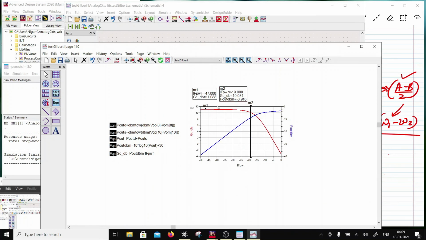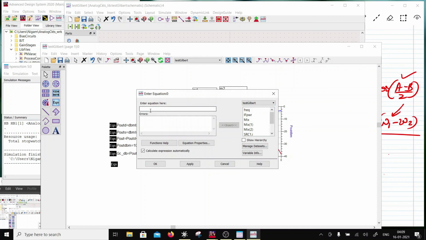So that's the idea. And if you want to look at the spectrum, right, okay, so what I'll do is, for this mixer, I'll write just the equation for this index. So what I'll do is, I will put here another equation, and I will say n is equal to find index of something, and that something is going to be, the series is called IF power, and the value is going to call independent of M1.